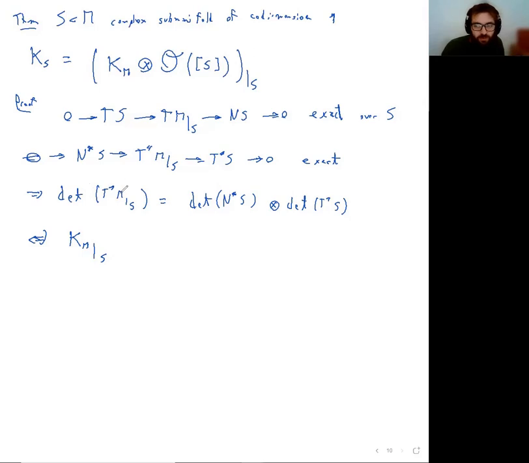Here I'm taking the determinant of T star M already restricted to S. But if you write it like this, you're taking the determinant of T star M and then restricting to S, right? But it's the same. It's just a restriction. Algebraically, everything is the same, and this is all defined over M anyway, and then you restrict it to S later. It's really all the same.